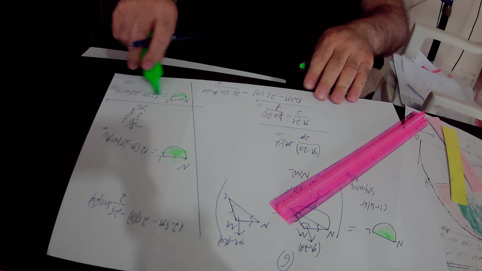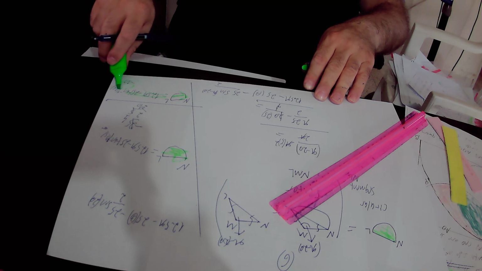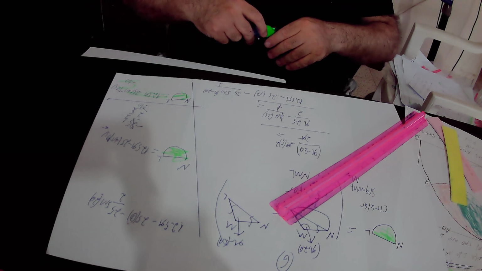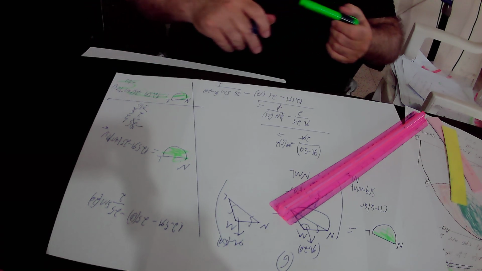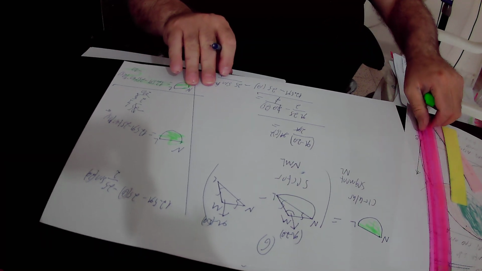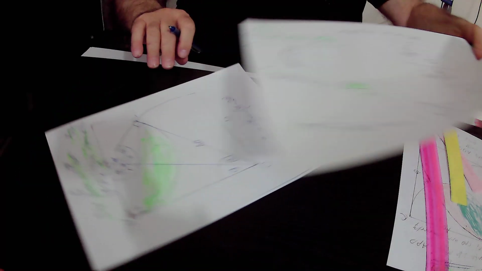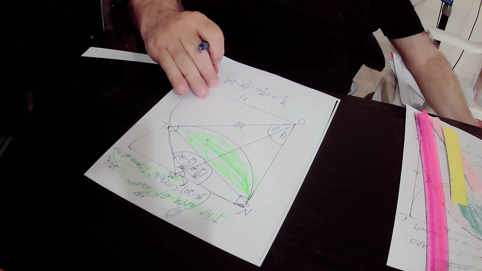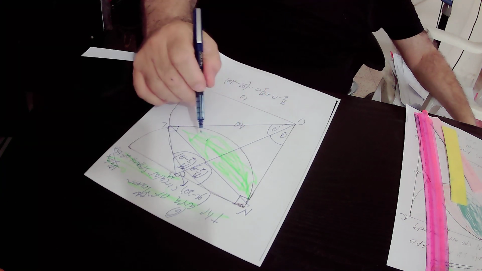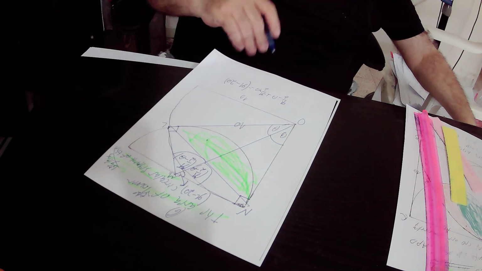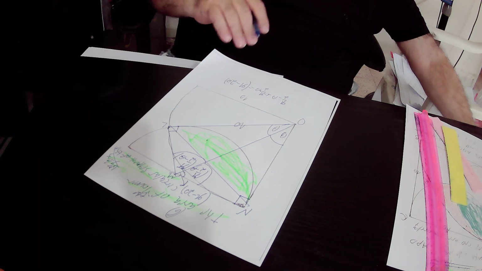Now we will add the upper circular segment to the lower circular segment. It will give us the area of the big lens. The area of the big lens equals the area of the upper circular segment plus the area of the lower circular segment.